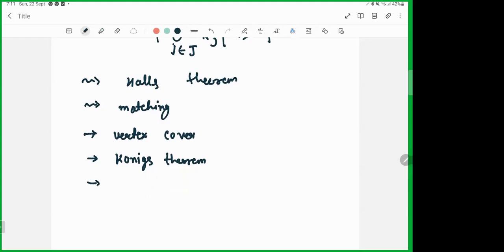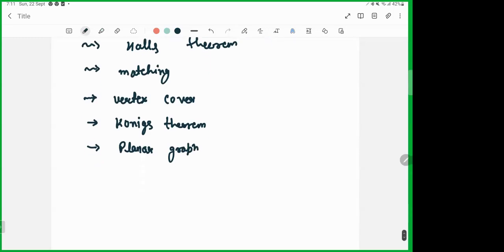And then we defined planar graphs. For planar graphs, we have Euler's identity. What is a planar graph?